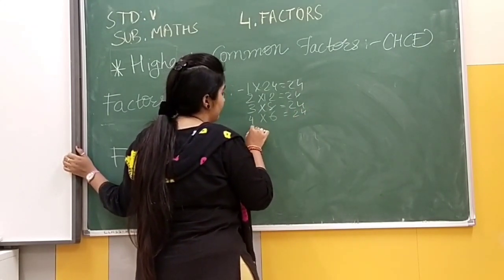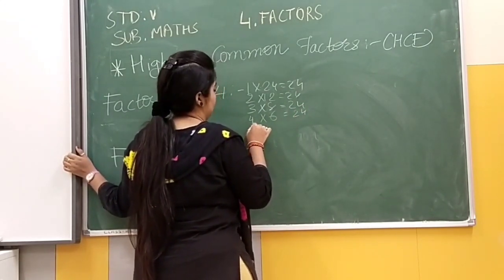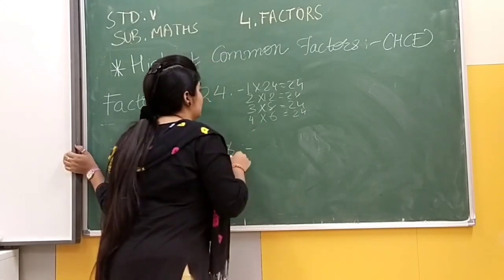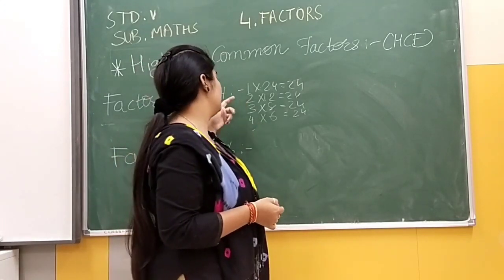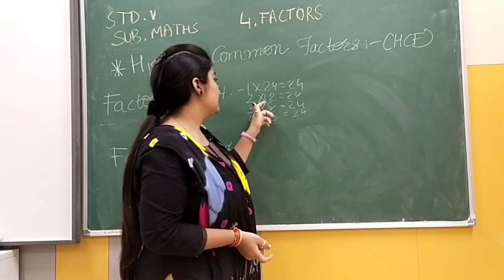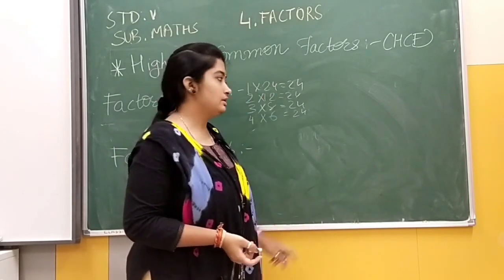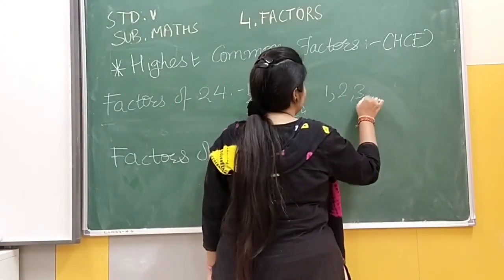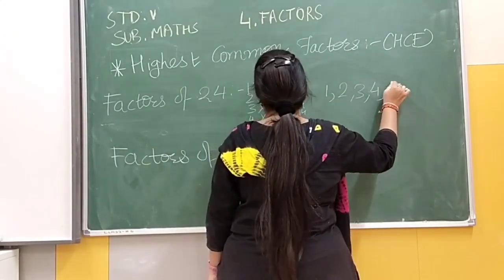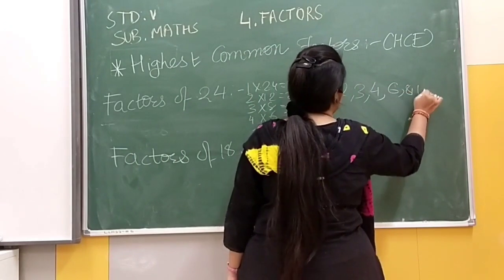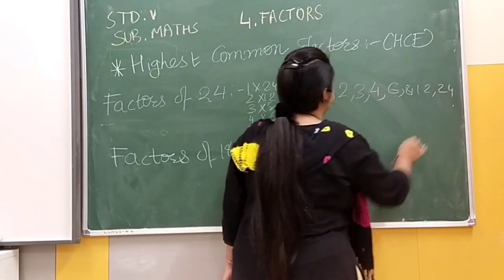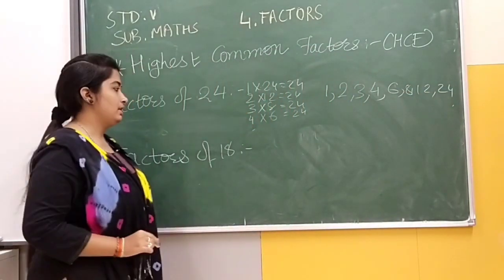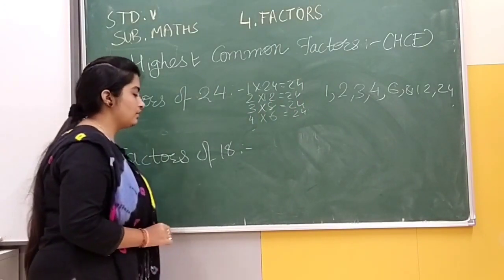So we have 1, 2, 3, 4, 6, 8, 12 and 24 as our factors. Here I am writing 1, 2, 3, 4, 6, 8, 12 and 24. Factors of 24.